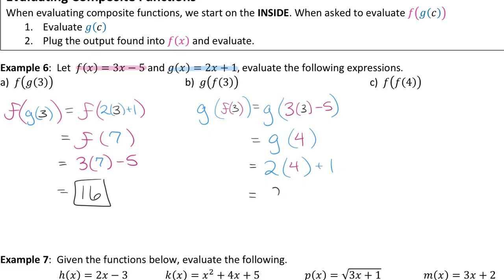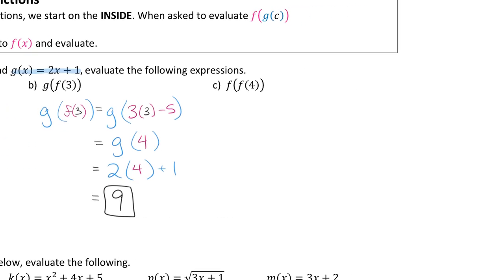Nice. All right, so boom. We get it? You guys are going to have letter C. But before I completely go, how would you say that one? Correct. F of 4. Follow the instructions. What's on the inside? What's on the outside?